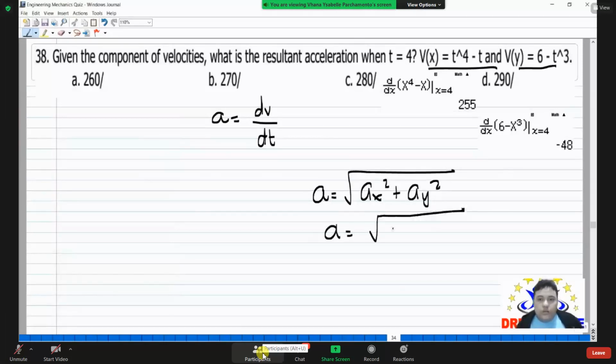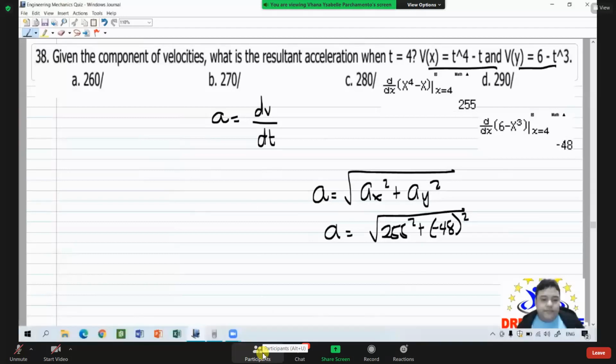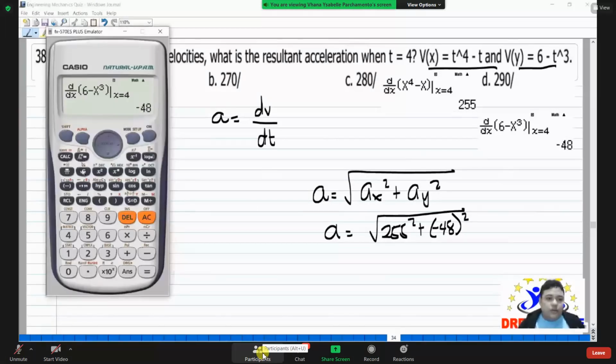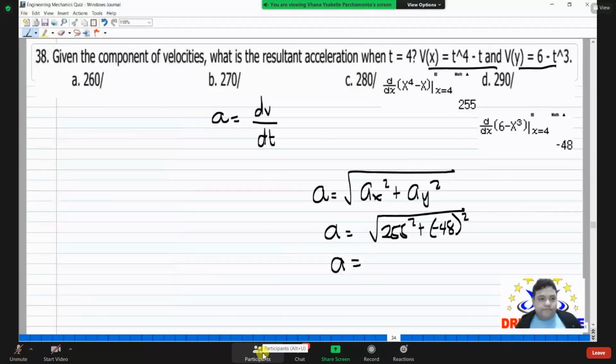So, A is equal to square root ng 255 squared plus negative 48 the quantity squared. So, this is 259 or 260. Unit, wala. Letter A.